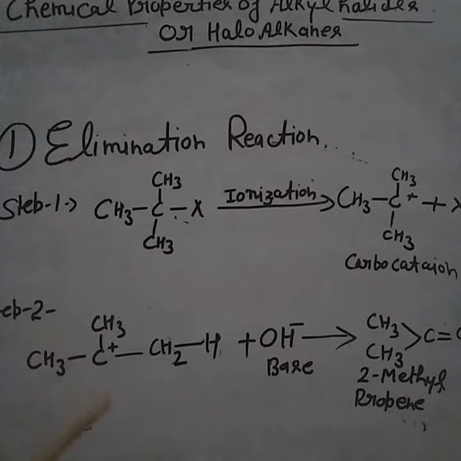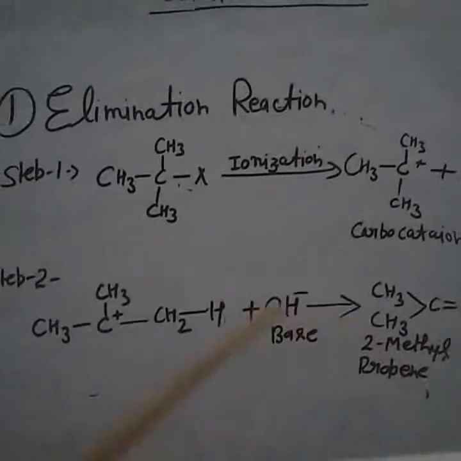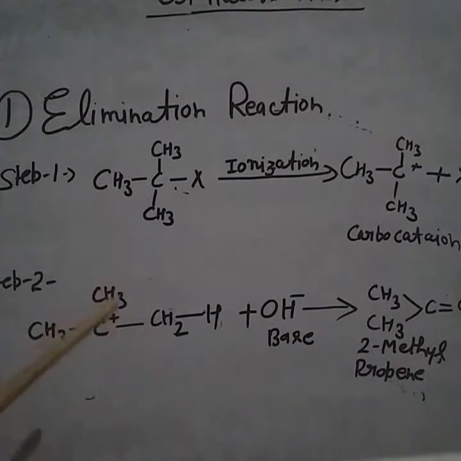In the second step, these carbocations react with a base and lose one proton, giving alkenes or a pi bond.